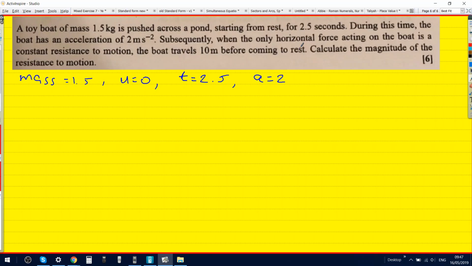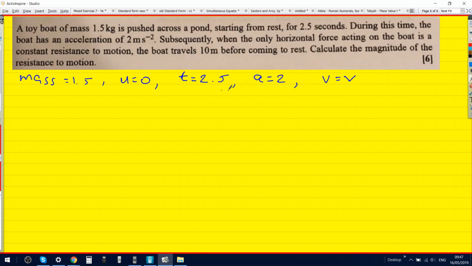Calculate the magnitude. Yeah. So for this first half, what you can do to bridge the two is find v, and that way the v for the first half is the same as the u for the second half. Right. Yeah. The final velocity for this half is the initial velocity for the second half.